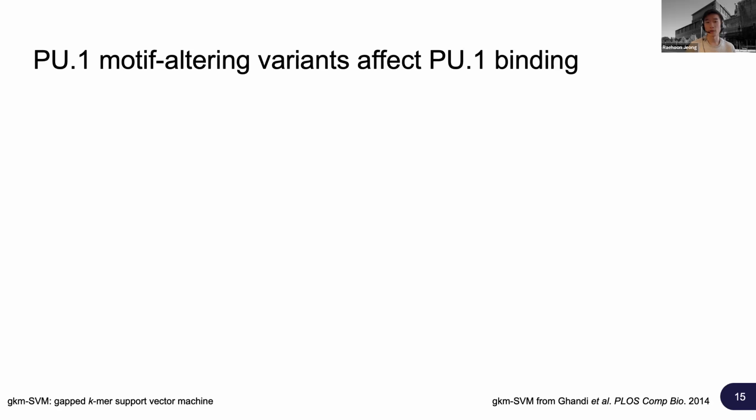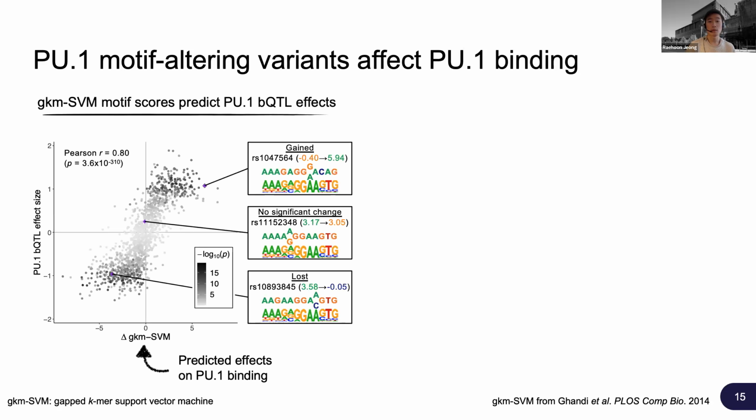I first evaluated whether PU1 motif altering variants affected PU1 binding in the data. Here, I show the comparison between the predicted effects on PU1 binding on the x-axis and the estimated effect sizes of the variants on the y-axis. Each point is a variant overlapping a PU1 motif.